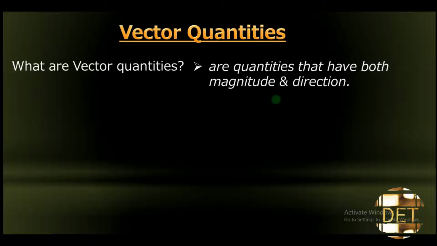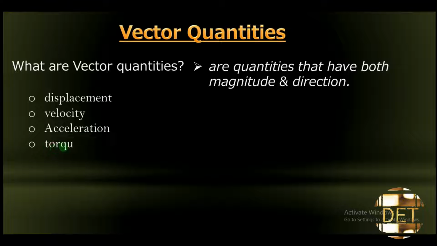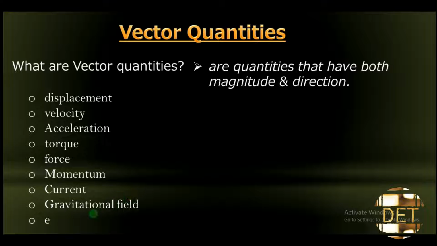Examples of the vector quantities are displacement, velocity, acceleration, torque, force, momentum, current, gravitational field, electric field, etc. All these quantities have both magnitude and direction. They can be measured, and their direction can also be determined.